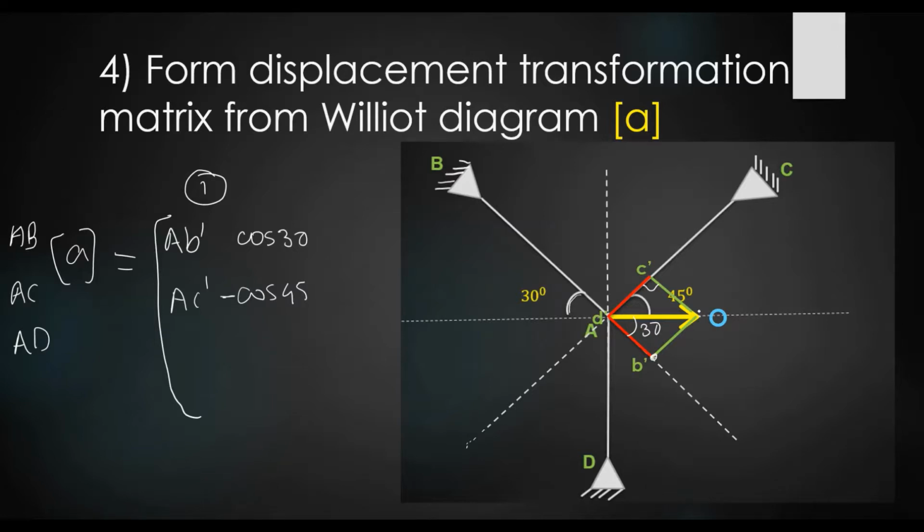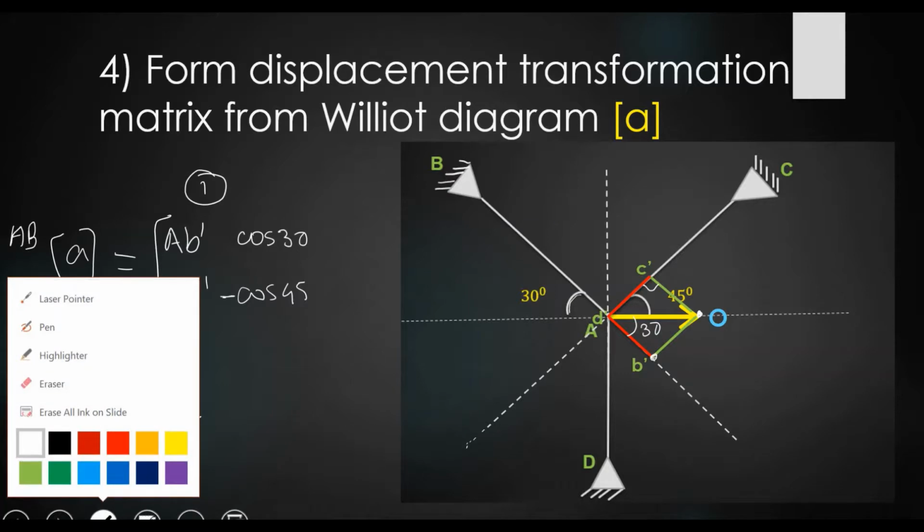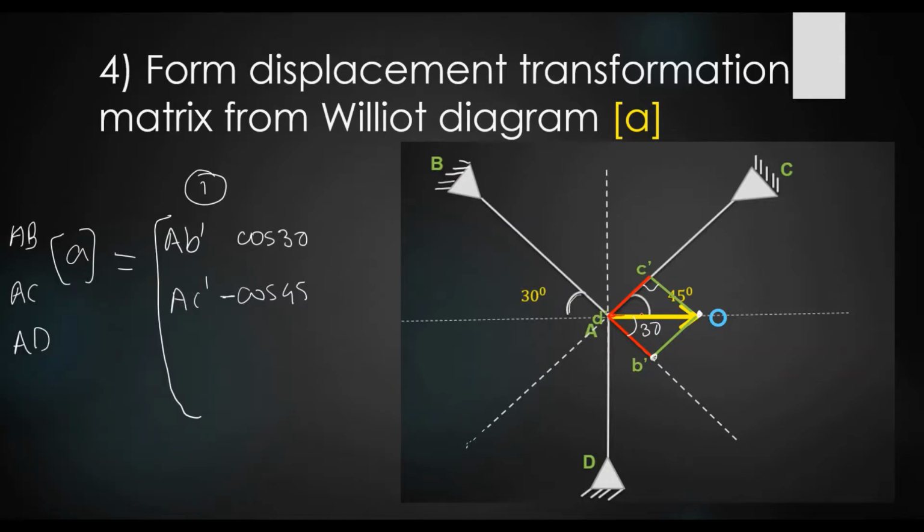Now let me draw a perpendicular from O to line AD, but it will meet at this point itself. So AD dash, I can mark here, but the AD dash value is 0, since it is coinciding with A. So these are the values that we obtain using the Williot diagram when we apply unit displacement along the first system coordinate.